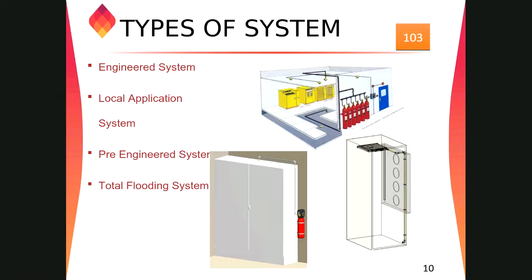We supply the gas directly inside the cabinet. So if there is a fire inside the cabinet, it should be extinguished by this small arrangement. So it is only protecting the local application, directly in the data room, data center, some small cabinet or some small disk. You can see the bottom two are examples for the local application system. The top one is the total flooding system.